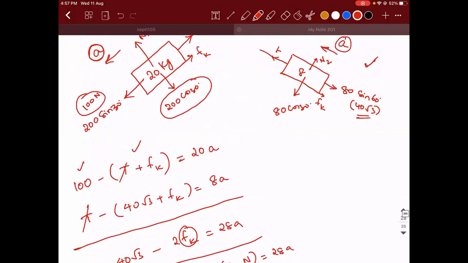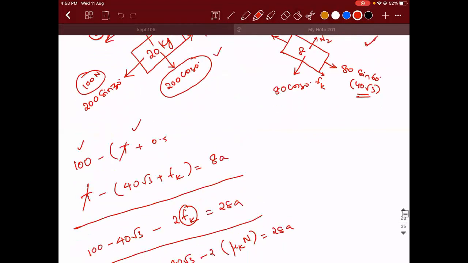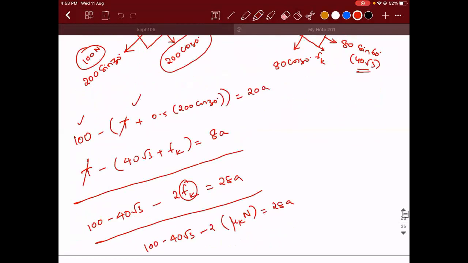Sorry guys, 1 minute. Both Fk's are not of the same value because here it is 0.5 into N, which is 200 cos 30. That should be equal to 20A. Similarly, tell me what will be the value of Fk here? 0.5 into 80 cos 30. 80 cos 60, sorry, 80 cos 60 should be equal to 8A.